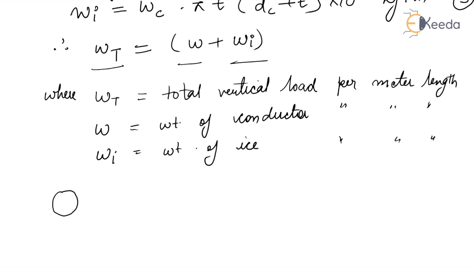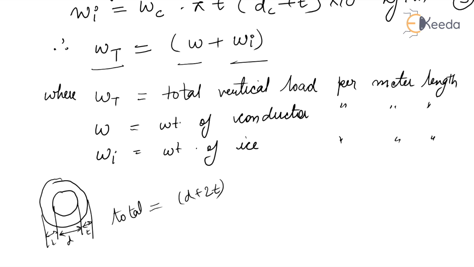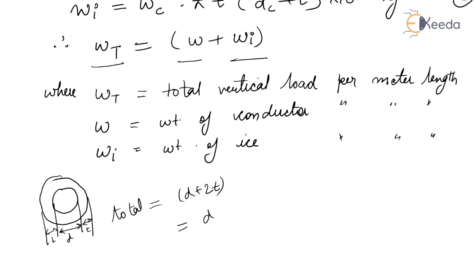This is the conductor and this is the ice coating on the conductor. This is the diameter d and this is thickness t. So total diameter is d plus 2t, and for the ice layer it is d plus 2t minus d. This is the ice layer.